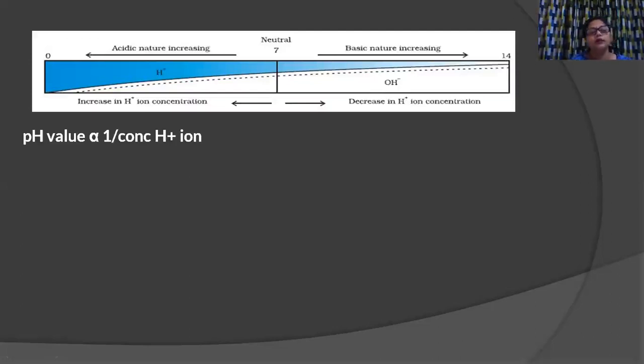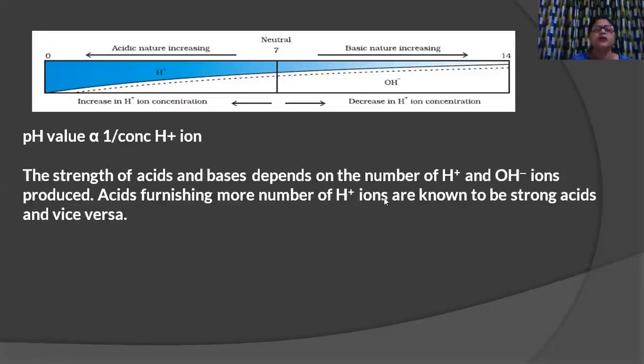So in this discussion, I hope you are clear to understand that the strength of acids and bases depends on the number of H plus ions and OH minus ions produced. Acids that furnish more number of H plus ions are known to be the strong acids and vice versa.